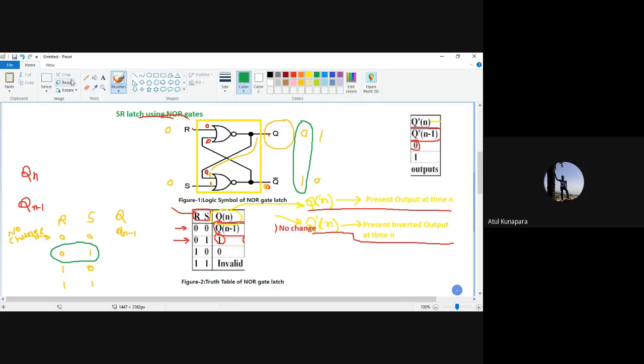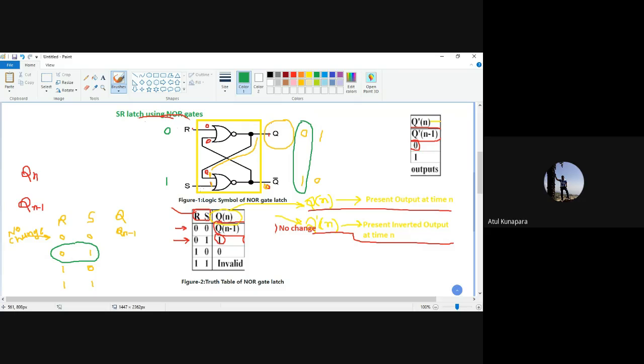That was the condition before I apply R equal to 0 and S equal to 1. Before I gave this input, my output was already Q equal to 0 and Q bar equal to 1. Okay. So in that case, what will happen?